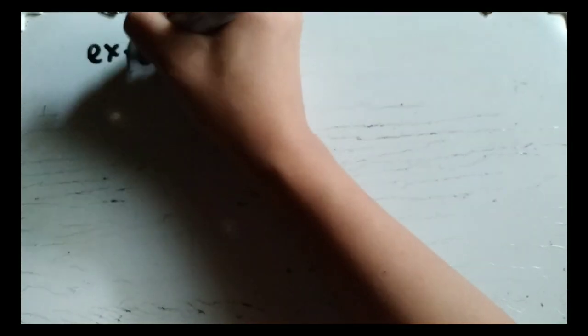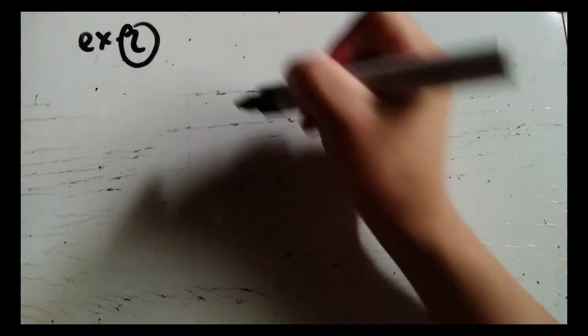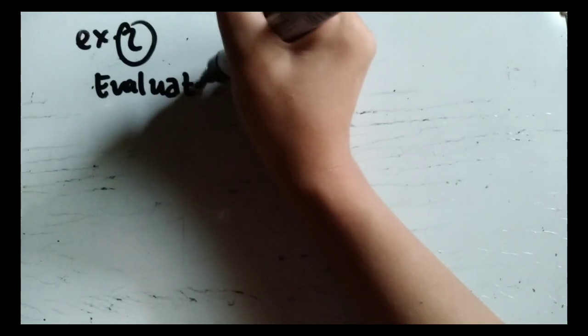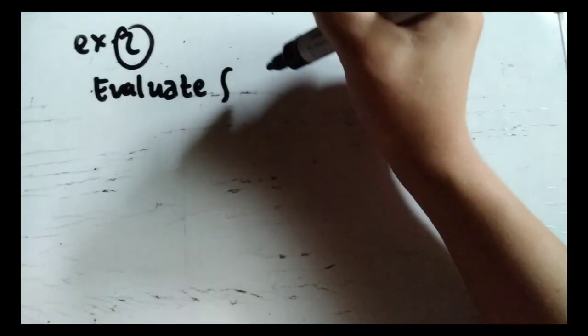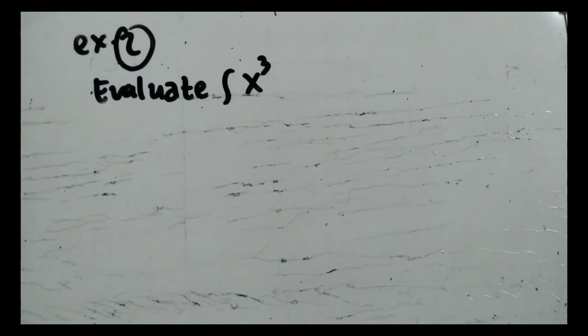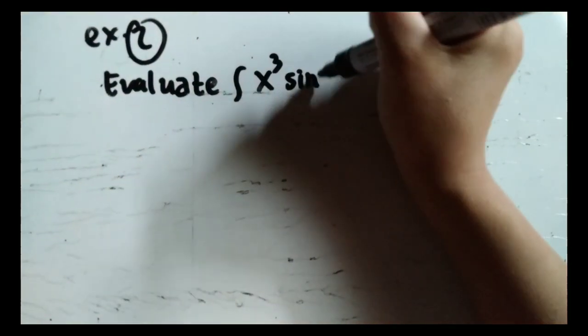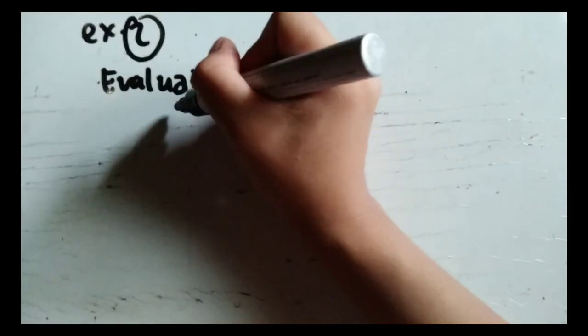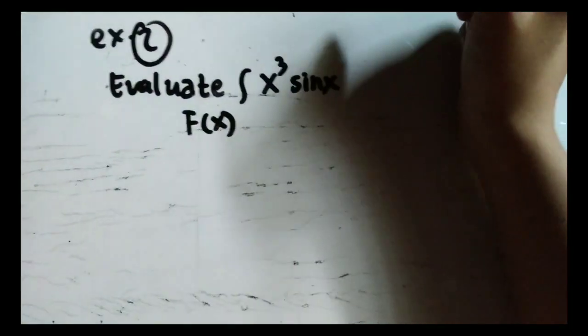So next, example number 2. Evaluate the integral of x raised to 3 times sine x, using the tabular method. So first we are going to determine which of these terms is our f of x.